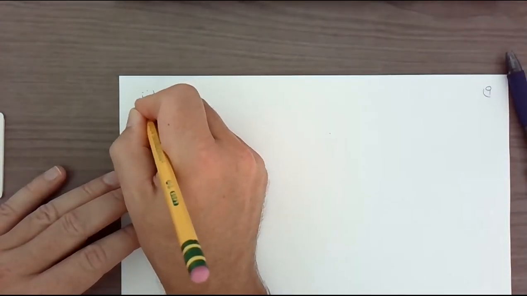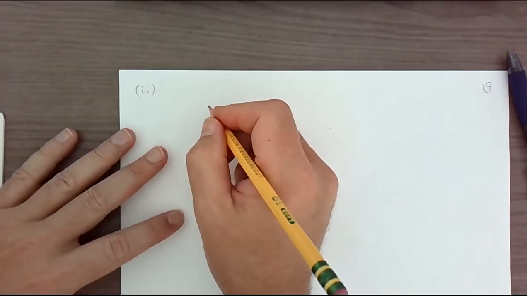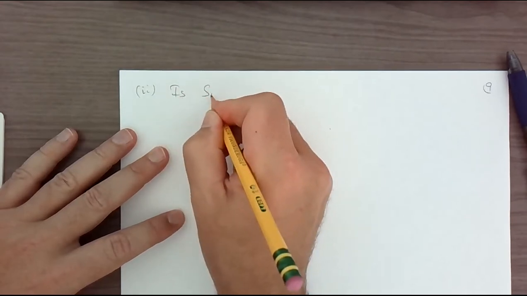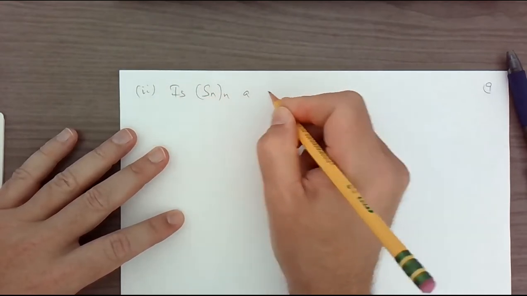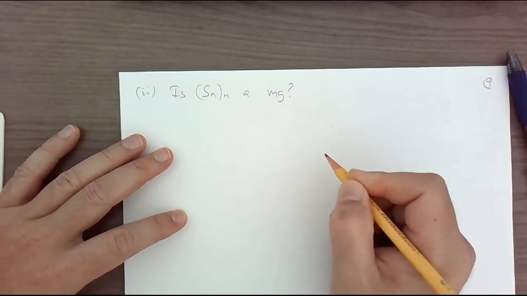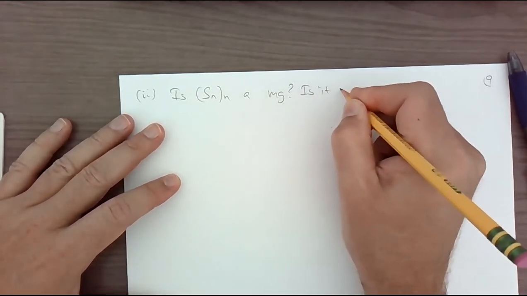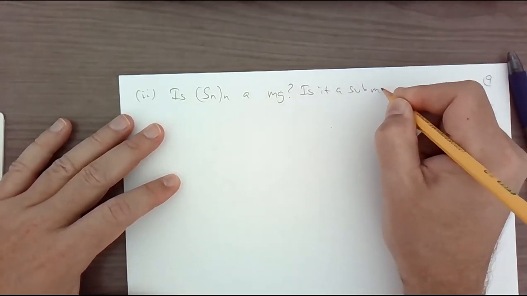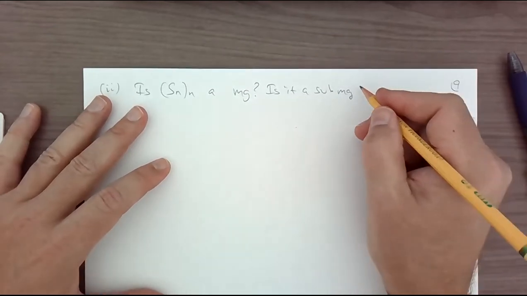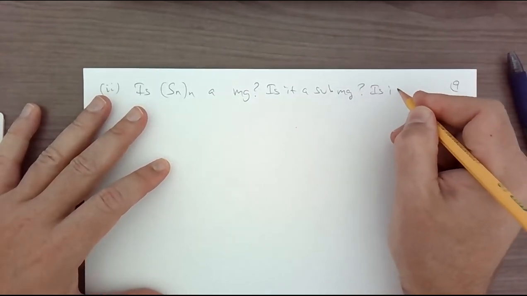This was question number 2 in problem 3. Is Sn a martingale? Is it a submartingale? That's when you have inequalities in one way. Is it a supermartingale?